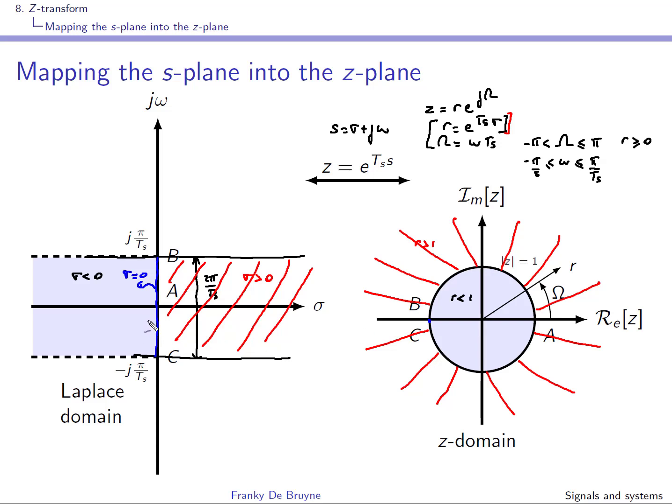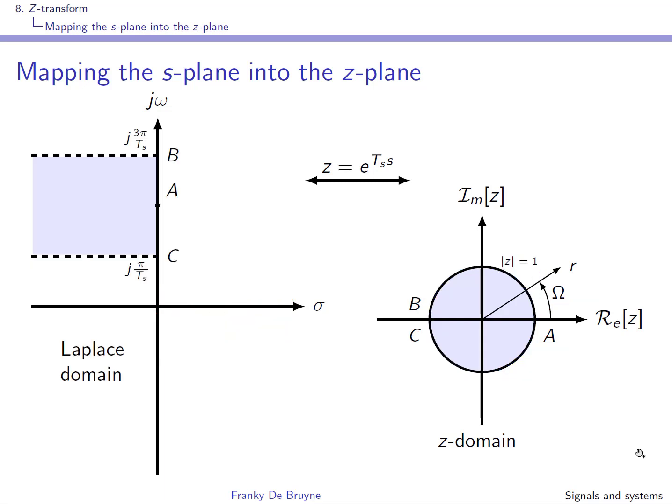And you go from here to here. What you will do is travel on the unit circle until you've reached a discrete frequency of pi, okay? And you go from C to B on the unit circle.